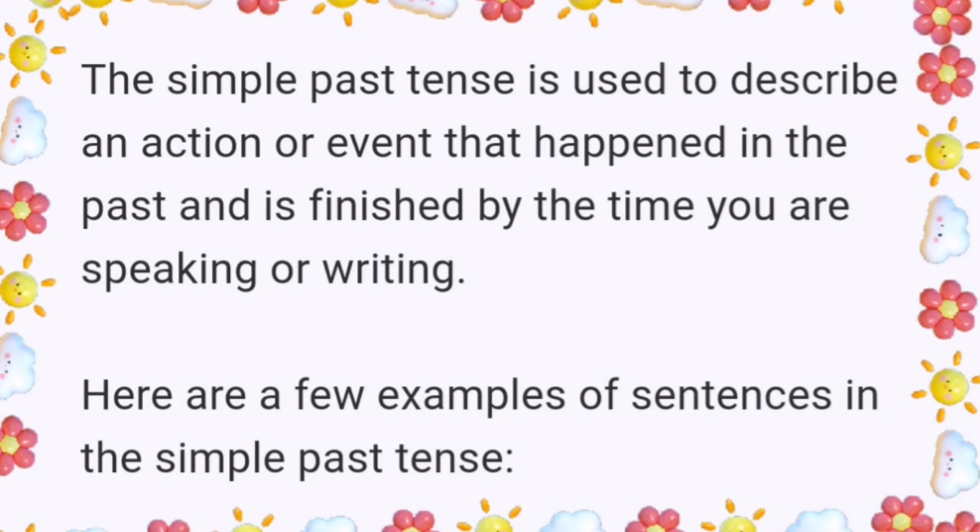The simple past tense is used to describe an action or event that happened in the past and is finished by the time you are speaking or writing. And here are a few examples of sentences in the simple past tense.